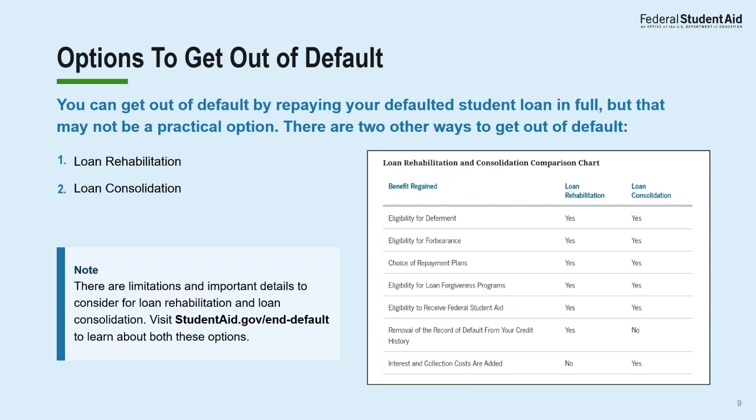So I encourage you to please go to studentaid.gov/n-default and be able to review all of the pros and cons and all of the things that are related to both of these options to make sure you're making the best option for you.